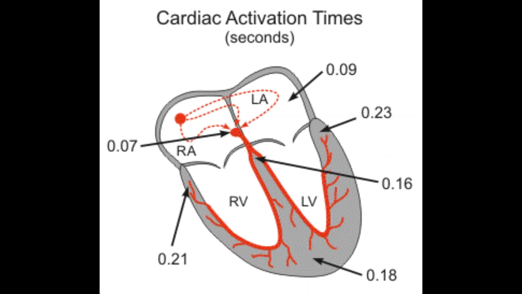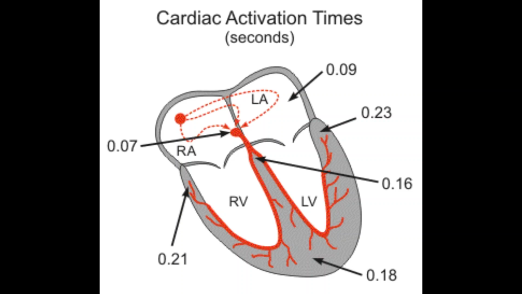So if we look at this diagram here, we can see the timing of it all. Very fast this occurs, right? Roughly 60 beats a minute is what our heart does. Lub dub, lub dub, lub dub. And if we notice here the SA node, we have timing. Approximately 0.09 seconds it takes for the electrical conductivity or the depolarization to reach and maximize in the left atrium, and approximately 0.07 seconds for the electrical conductivity to reach the AV node.